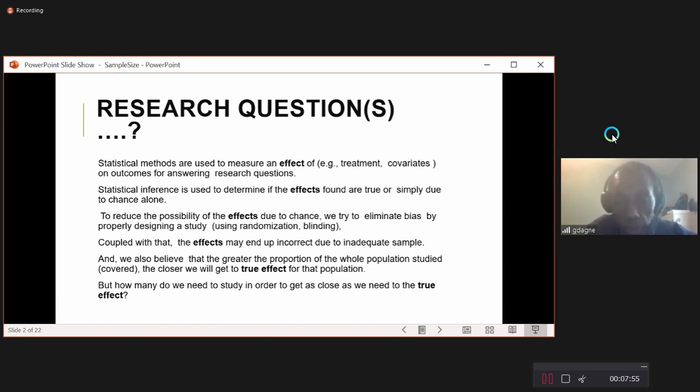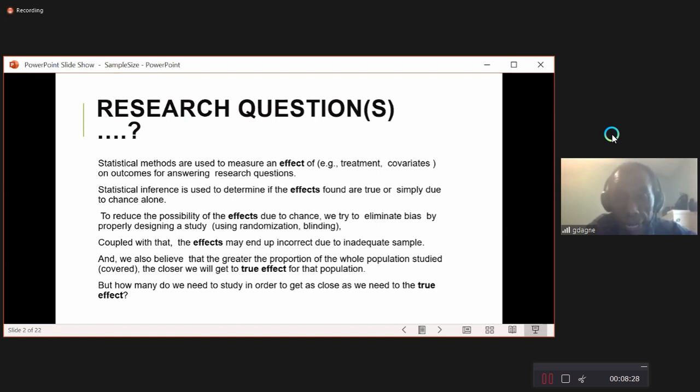Without research questions, without problems, why do we study? Why do we even do any type of analysis? So there should be some research questions that we are interested in. So for those research questions, we find what the outcome variables are, what type of interventions, what type of treatment, what type of covariates, what type of outcomes would help us to answer those research questions.